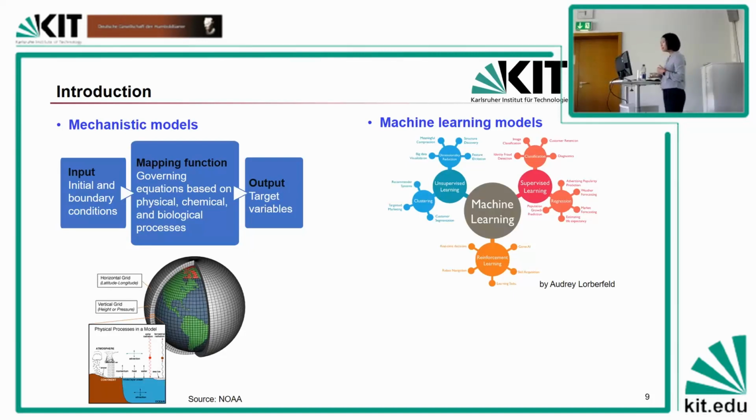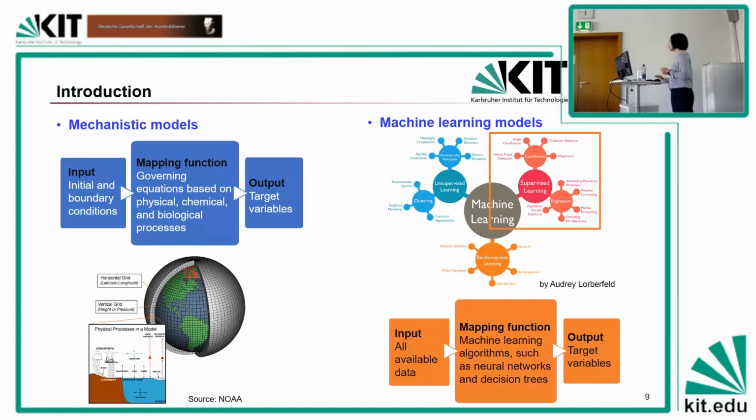And then you can predict whatever climate variables that you are interested in. For machine learning, on the other hand, it's very different. When we use machine learning for climate change and environmental modeling, oftentimes we just use one branch of machine learning, the supervised learning, for classification or regression problems. And the way we built the mapping function is purely based on data. That's the most significant difference.